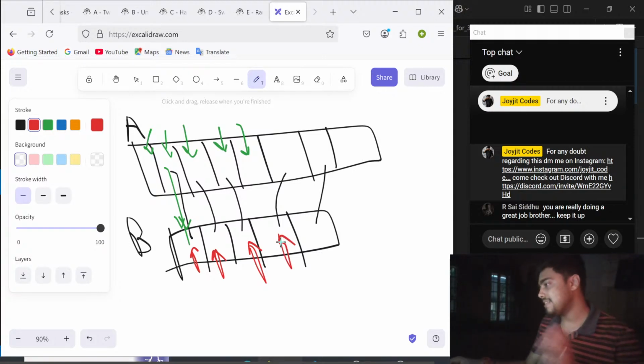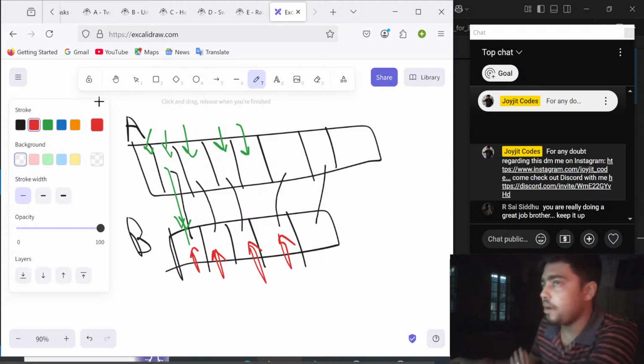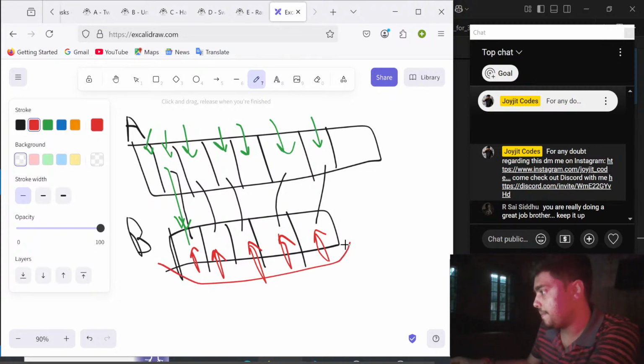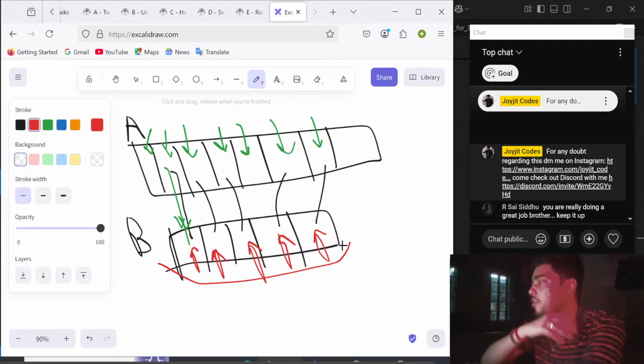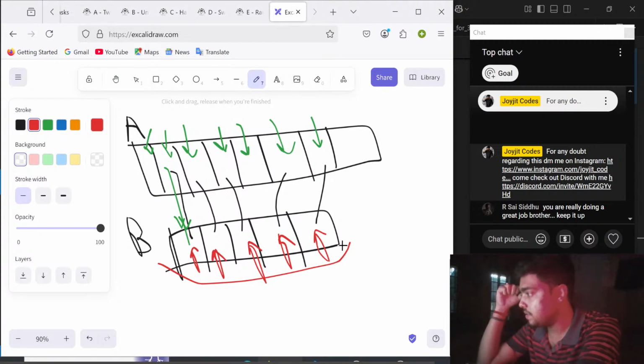Now this and this are not equal, so the red pointer stays as it is, but the green pointer moves. When again both are equal, the green pointer and the red pointer both move. Finally, we have traversed all the points of the red pointer, so we can directly say that we are satisfied with the answer.